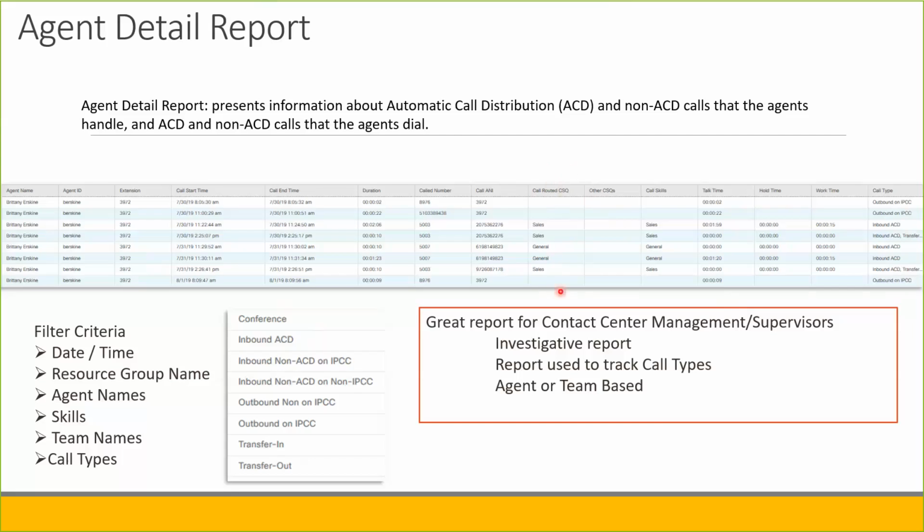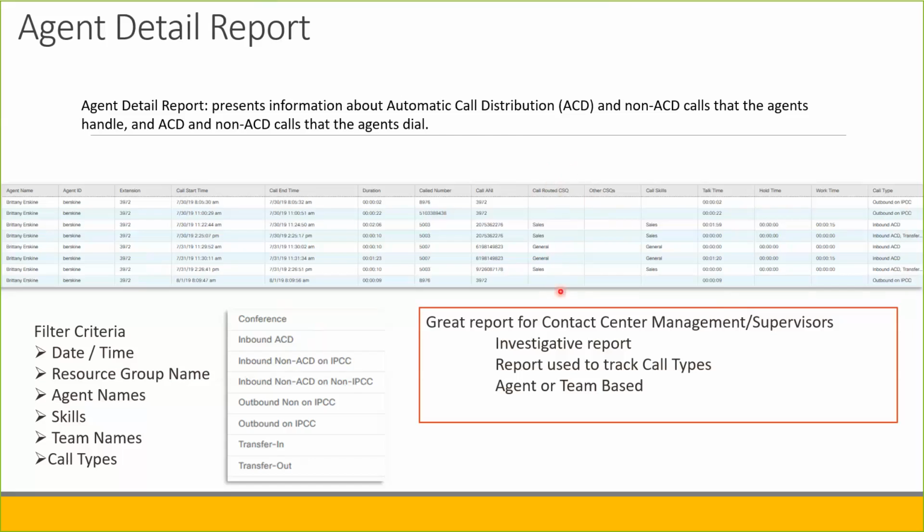So if you're looking in your queue statistics, you're going to see that this is a call presented and handled both in this queue. Okay. Also includes skills, talk, hold time, work time that are associated with that call.